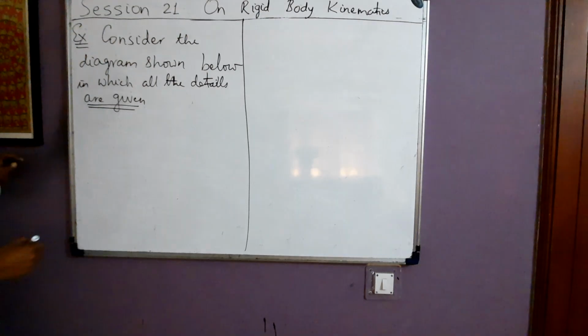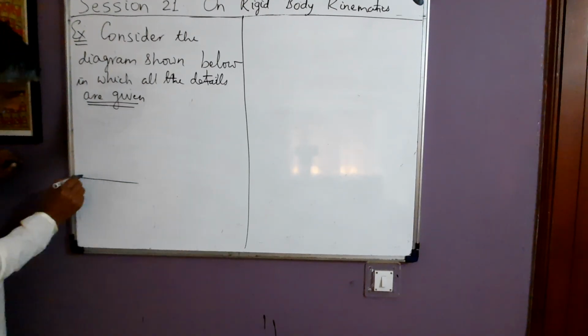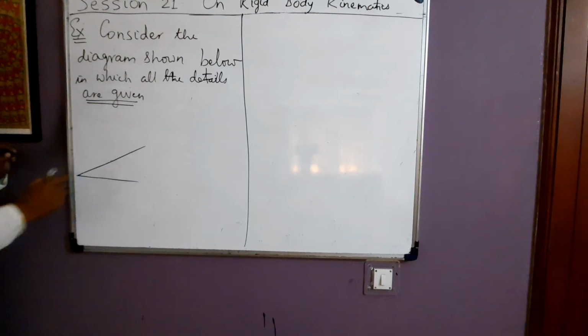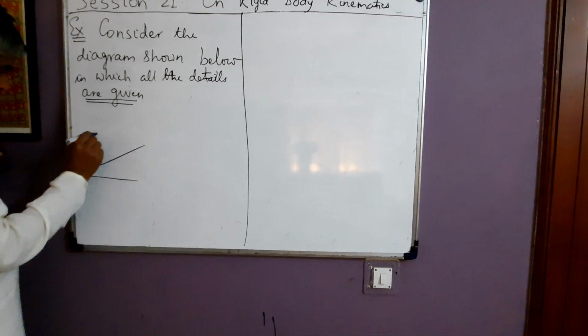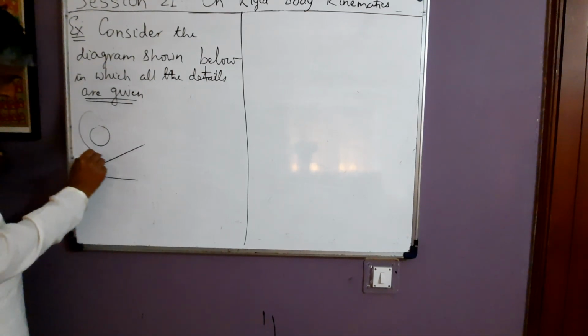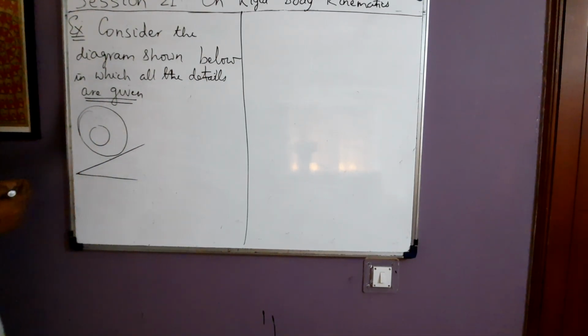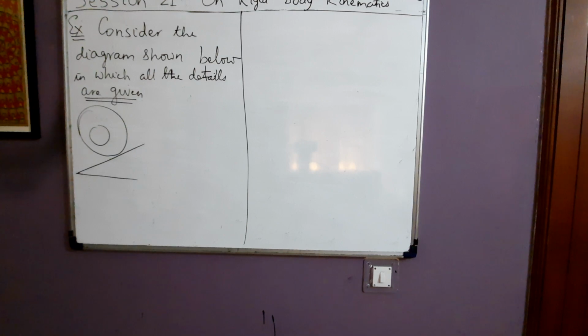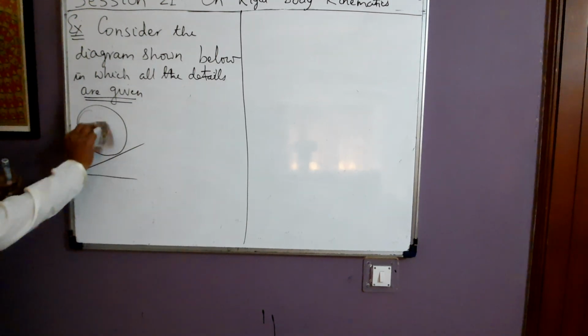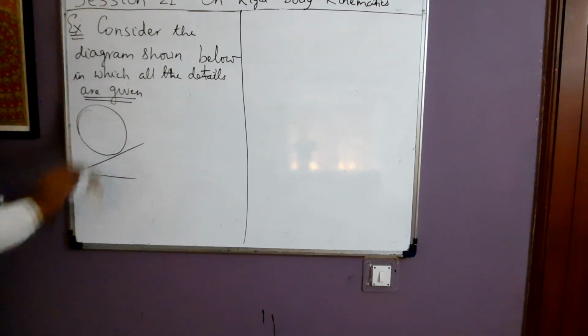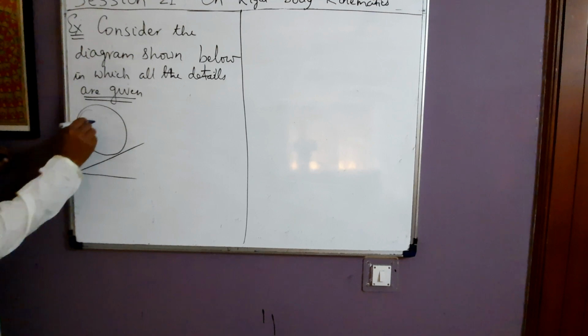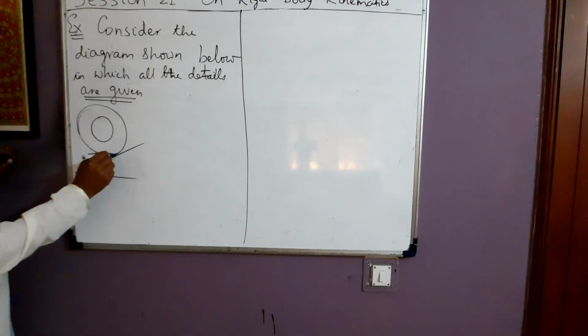The problem is like this. This is a fixed inclined plane. This is our double cylinder. This is a double cylinder.